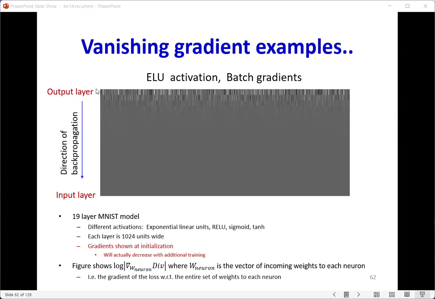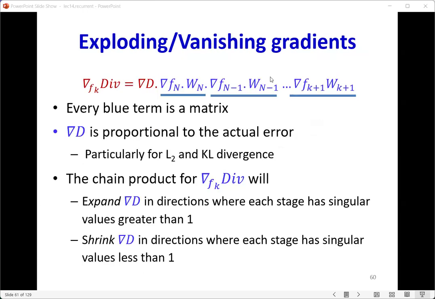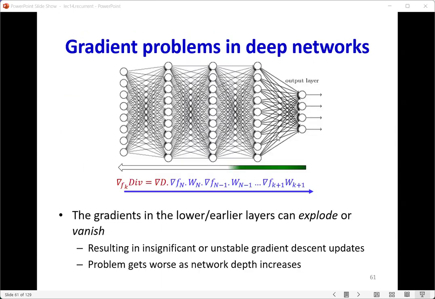What we find is that this is at initialization, when the derivatives are at the largest magnitude. If I use ELU activations, the derivatives have decent magnitudes at the output layer. But when you go back just 5 or 10 layers deep, simply because of the number of directions, think about this, right?